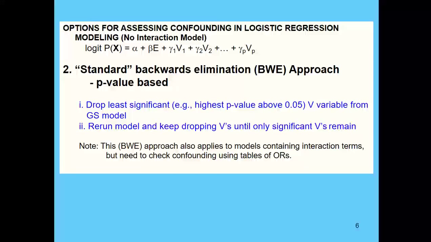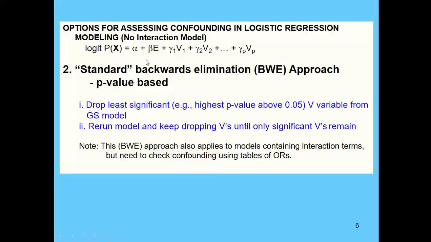The thing was written up and used, but it wasn't actually put in the third edition. So what you're seeing now is something that I don't believe is in the third edition, so you're seeing it here, and it's in your notes here, and I want to talk about this, although again, as I say, the all possible subsets approach is better. But let's talk about this, the standard backwards elimination approach.